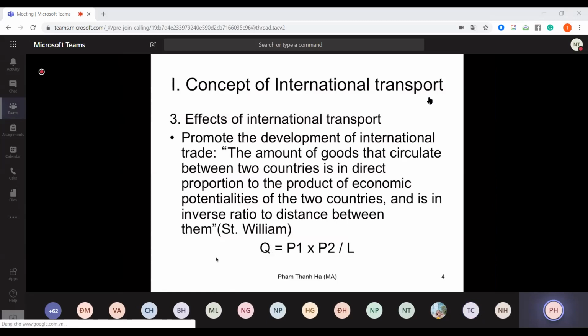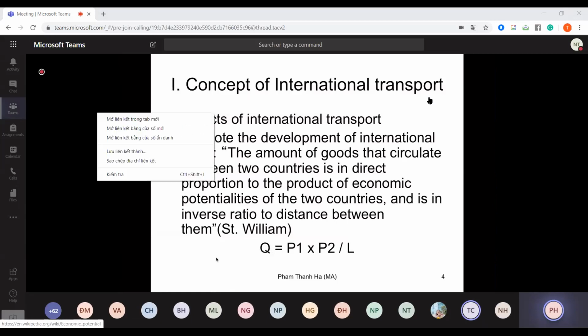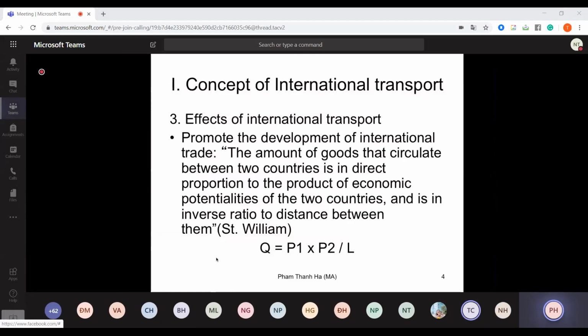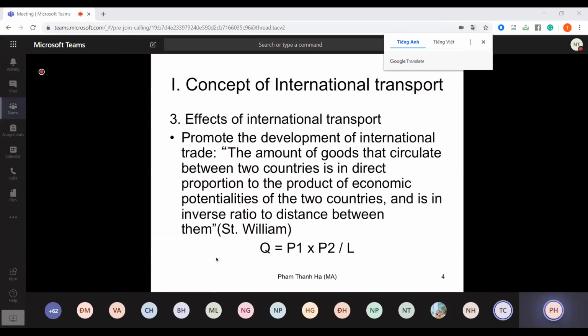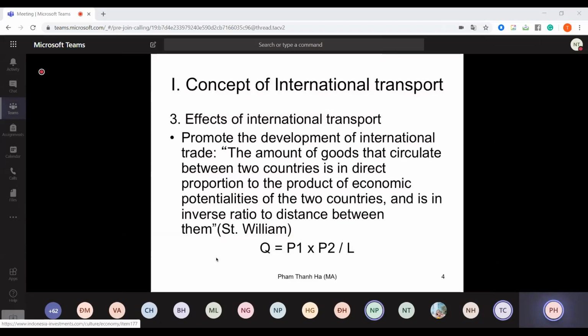When we mention the economic potentiality of the countries, what should we mention? Do you have any opinions about the economic potentiality? It's not a concept, only a general idea related to the economic potentiality of the countries. No? Never heard about that?